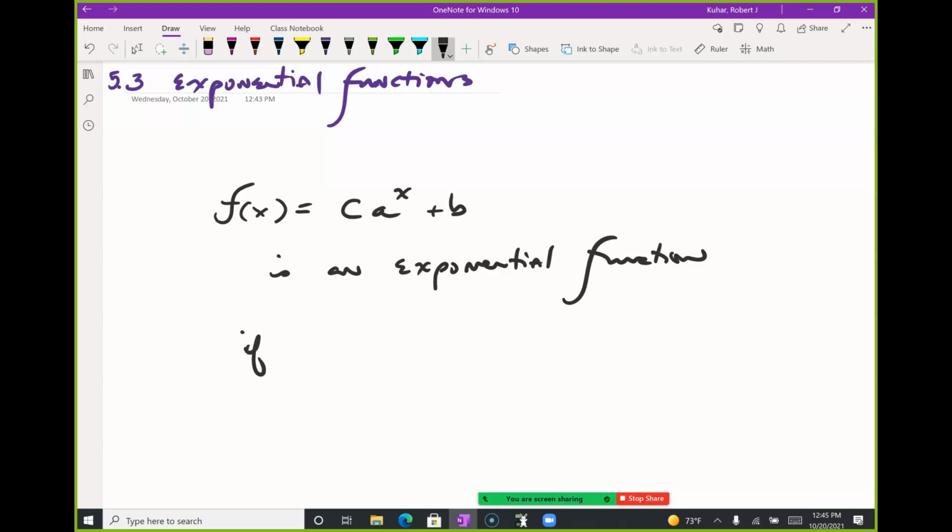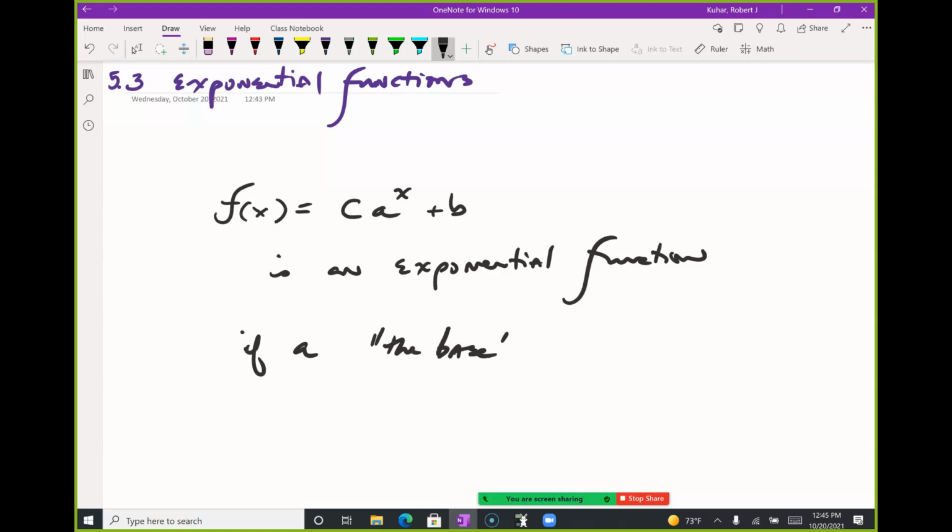So think of 2 to the x, 2 to the 1, 2 to the second, 2 to the third, 2 to the fourth, right? I need something to be growing really quick, right? 2 to 4 to 8 to 16 to 32, right?